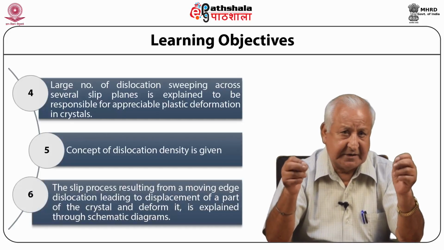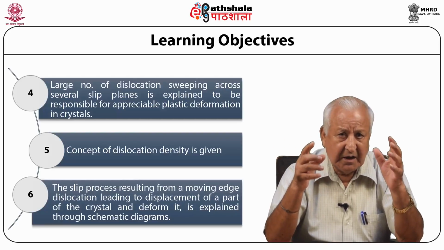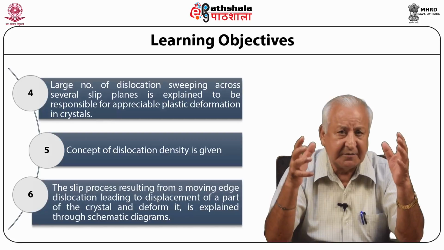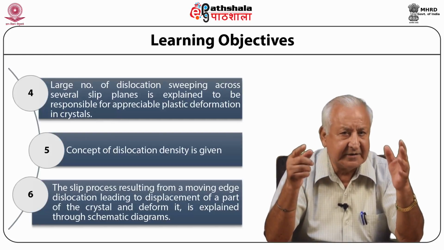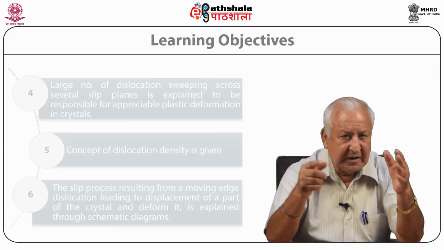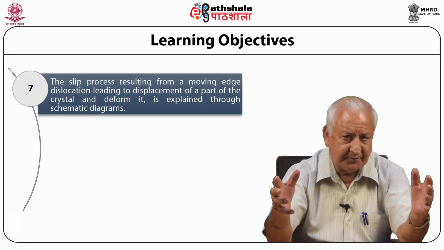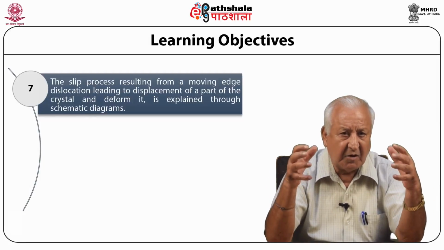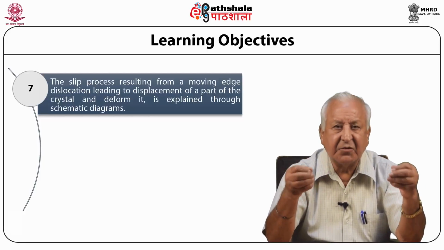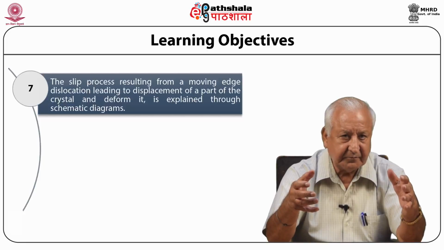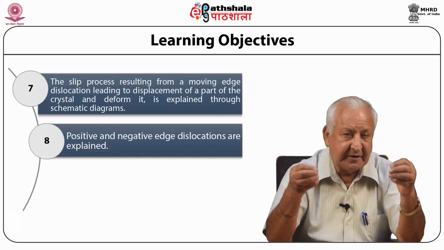The slip process resulting from a moving edge dislocation, leading to displacement of a part of the crystal and deforming it, is explained through schematic diagrams. Positive and negative edge dislocations are explained.